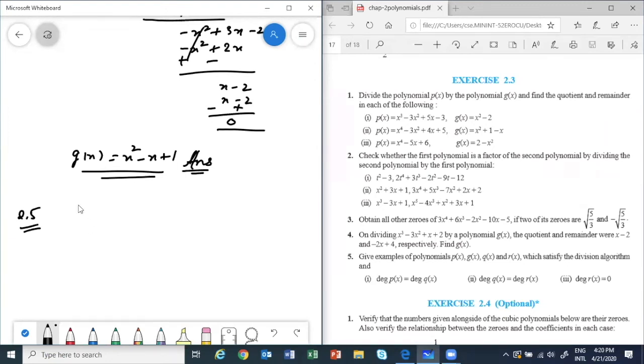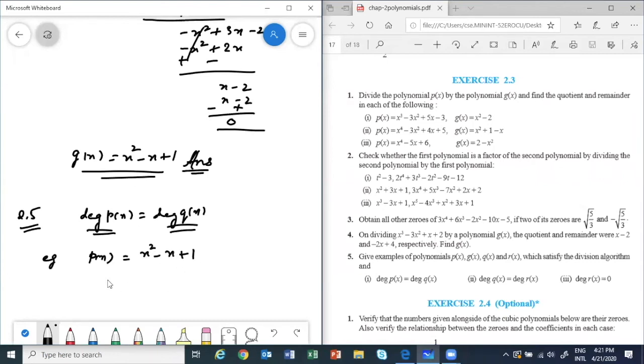See, first one, what they're saying is that degree of p(x) should be equal to degree of q(x). Means the quotient and the given polynomial should have the same degree. How is it possible? Suppose I take p(x), let's give one example. Let's take p(x) as some quadratic, x square minus x plus 1.